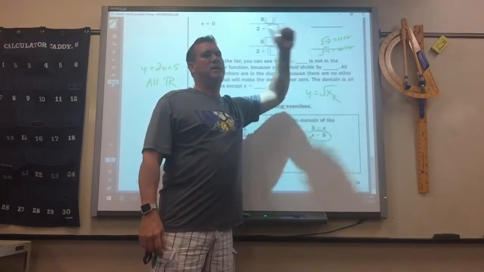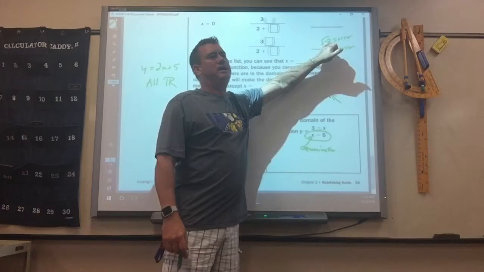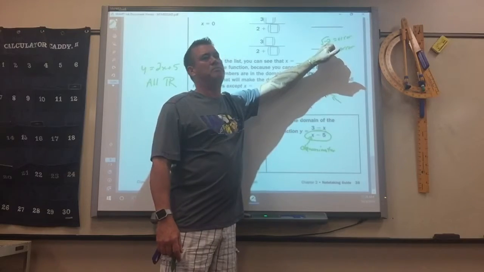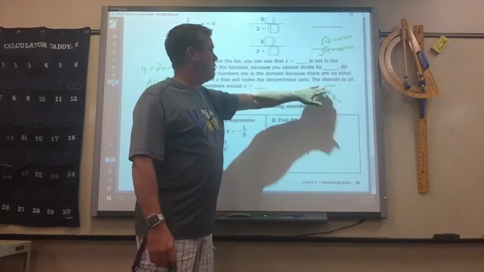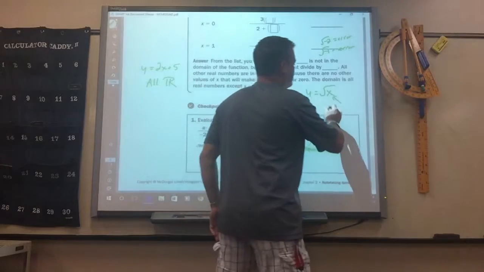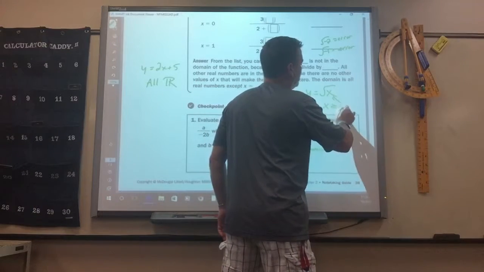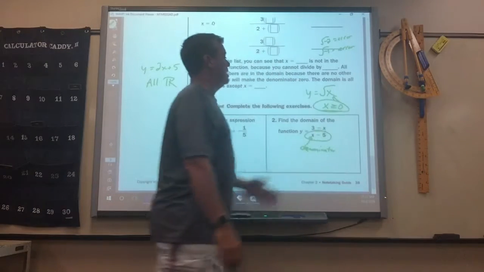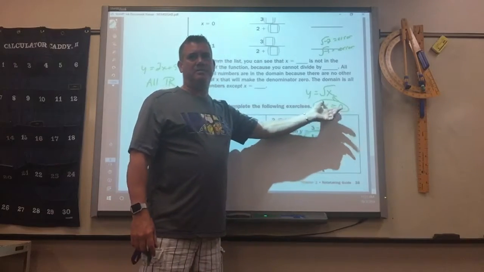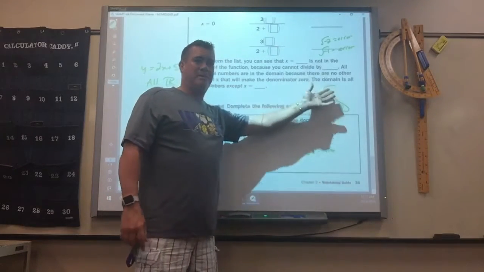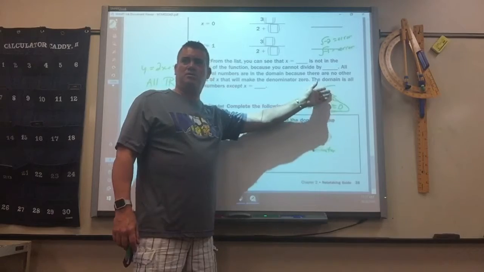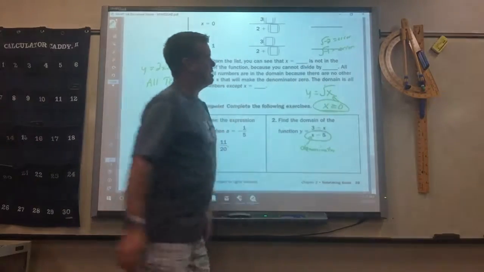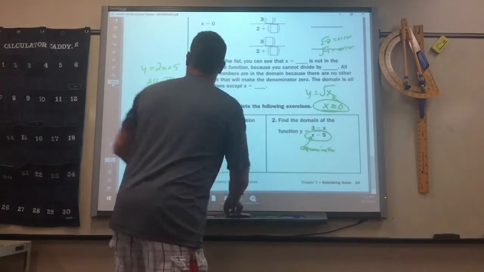Square root means what times itself equals that. You can't take anything times itself and end up with a negative. So if it's a square root, all that means is x has to be greater than or equal to 0. Which means you can't put any negatives in there. We don't have any of these yet. You will eventually. I just wanted to show it to you. But these are the only 2 types you got to worry about.